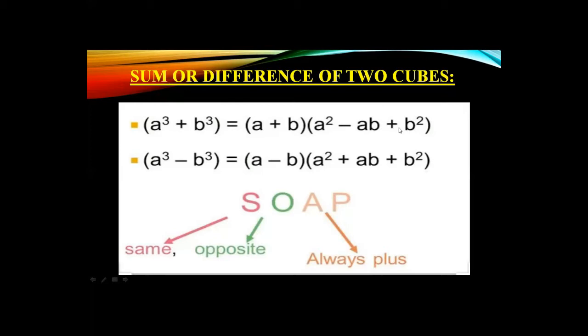And the third or last sign is always plus, in a cube plus b cube or a cube minus b cube. In both cases, this term should be plus. So this is the SOAP technique to recall the signs of the sum or difference of two cubes. I hope you get the trick. Now move forward.